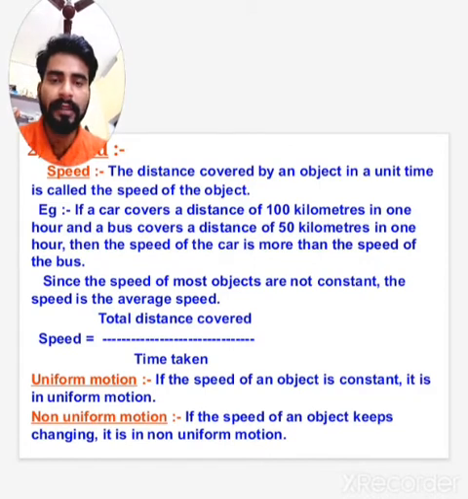Average speed is the total distance covered divided by total time taken. We find the average speed of a moving object because it covers different distances in different time intervals.